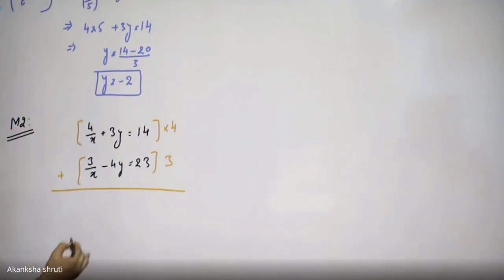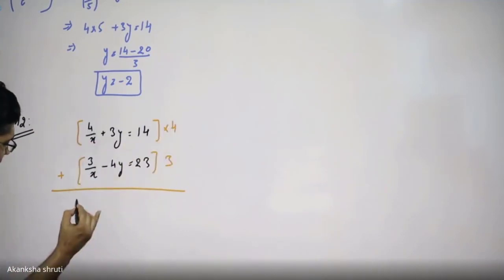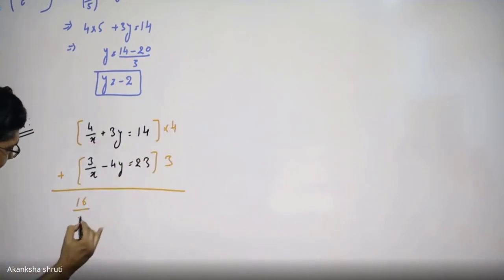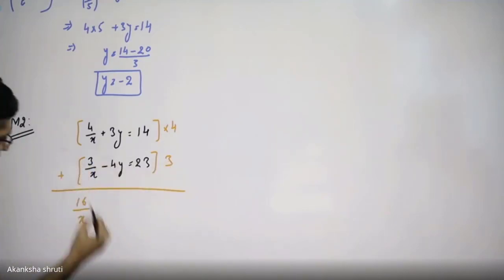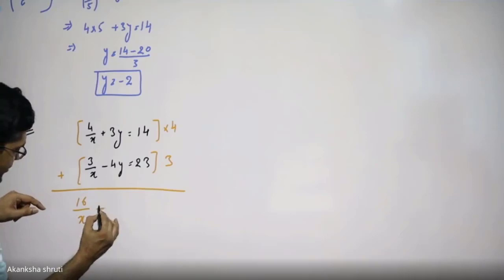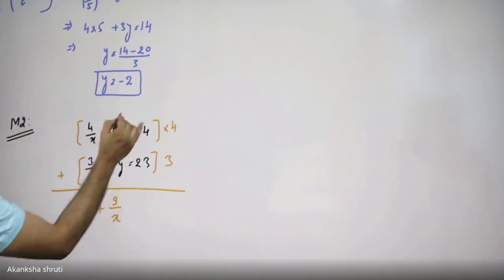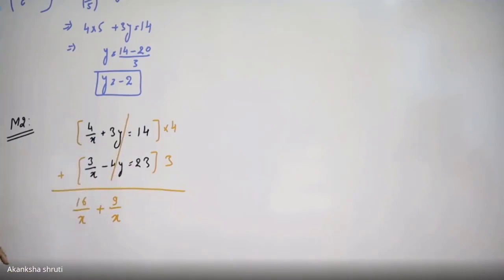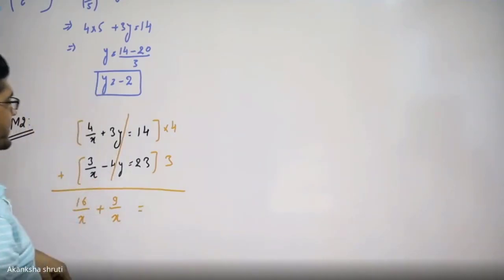What we have in left side, this 4 in numerator will multiply to this 4. 4 4s are 16 by x. From the second equation, this 3 will multiply to this 3. And there is addition sign plus 9 by x. But this y has got cancelled because of equal coefficients and opposite sign.